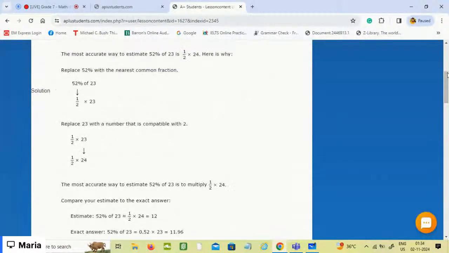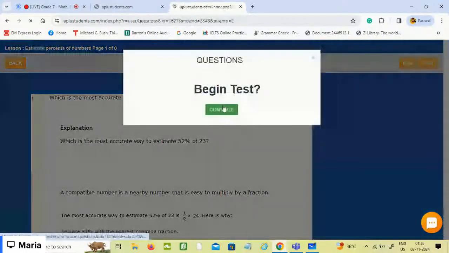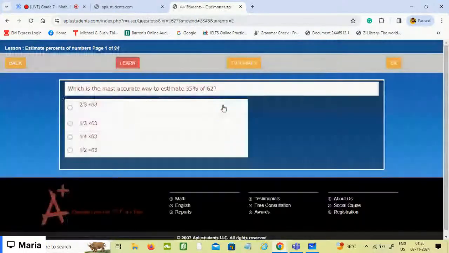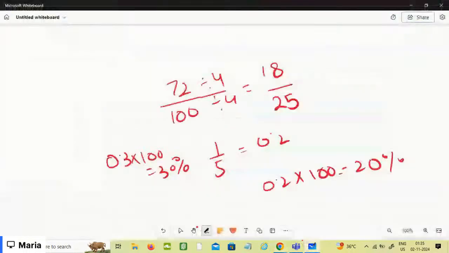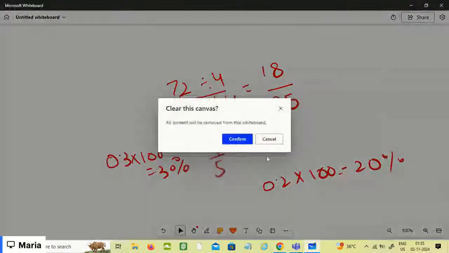Let's just start with the test questions. Which is the most accurate way to estimate 35% of 62? 35% of 62.